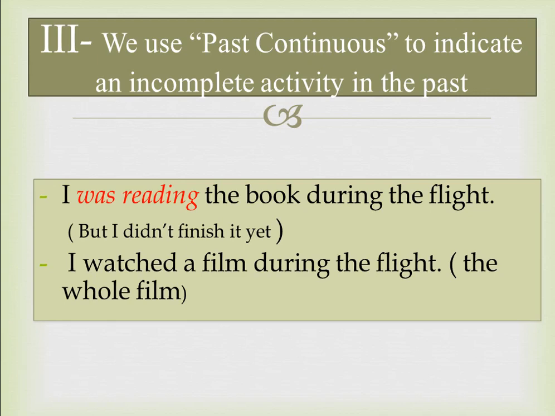You were reading your book in an aeroplane, and you didn't finish it because it has a lot of pages, so you have to read it again next week. It was only in progress in the past, not yet complete.